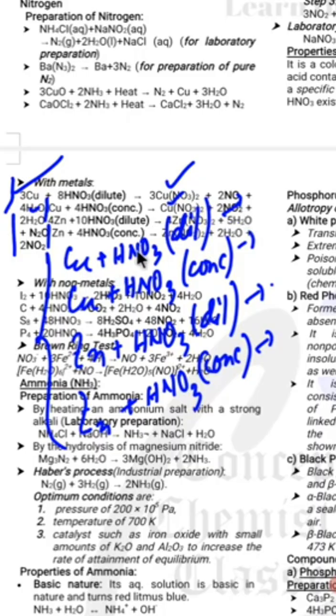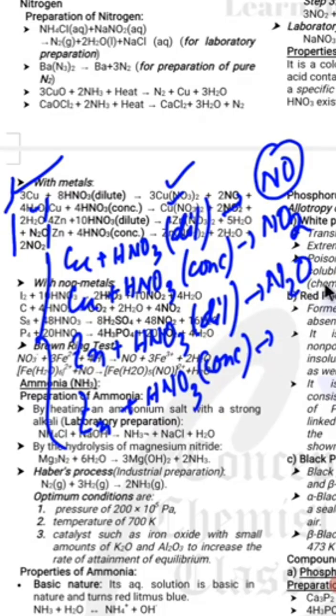Okay, in the first case, when copper is reacted with dilute HNO3, NO, nitric oxide, is produced, while in case of concentrated HNO3, NO2 is produced. With dilute HNO3, N2O, nitrous oxide, is produced, while with concentrated HNO3, zinc produces NO2.